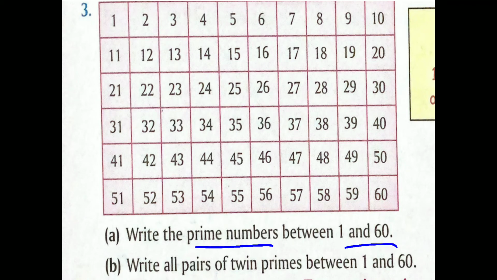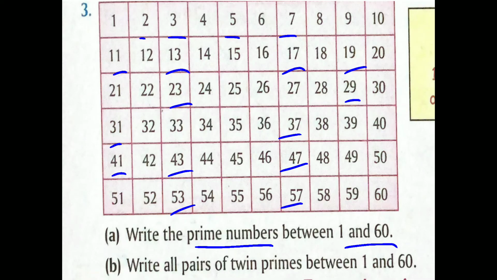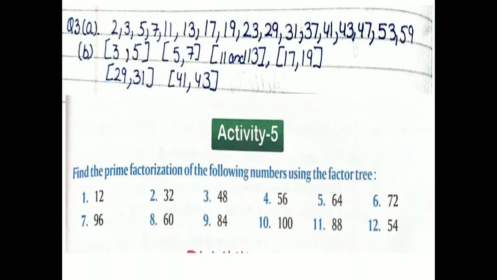If you see, 2, 3, 5, 7, 11, 13, 17, 19, 23, 29, 31, 37, 41, 43, 47, 53 and 59. All these are the prime numbers.